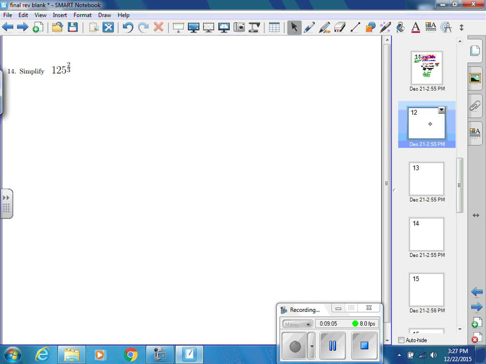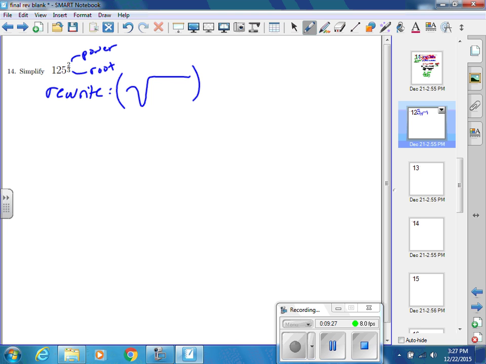Number 14 here says simplify this. It's pretty easy. The best thing to do is to rewrite it first. This is the power on top, and on bottom, this is the root. If you rewrite it like this, the power is here, and the root is whatever the index is there.